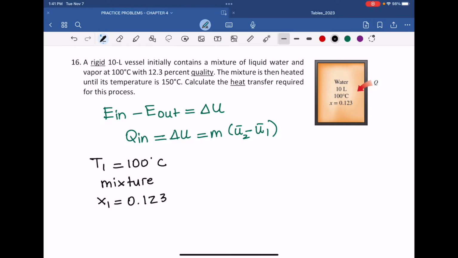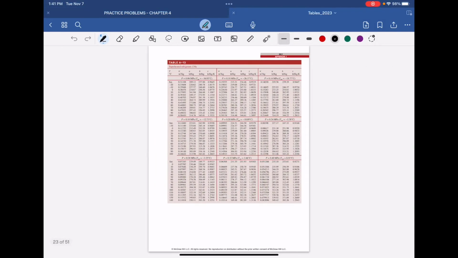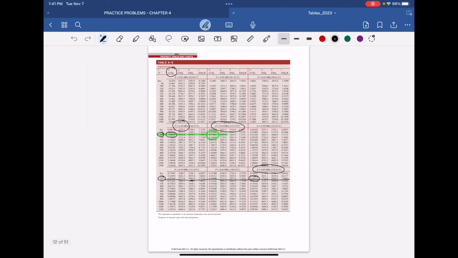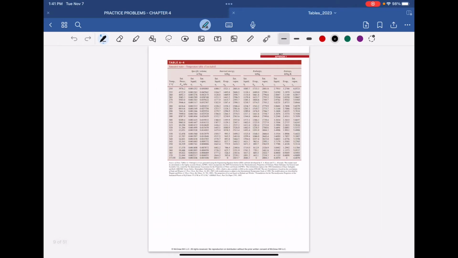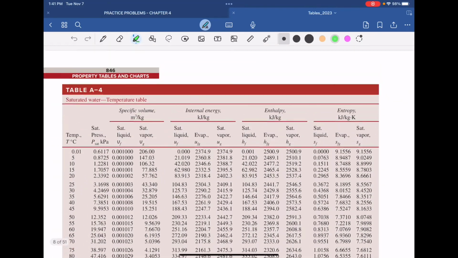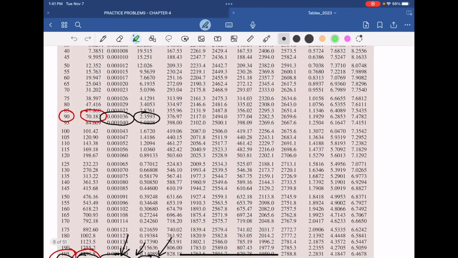We know it's a mixture, we know the quality, and the temperature, and then we should be able to calculate from table A, let's say A4 first, because it is the water at 100 degrees Celsius. Find table A4, 100 degrees Celsius.